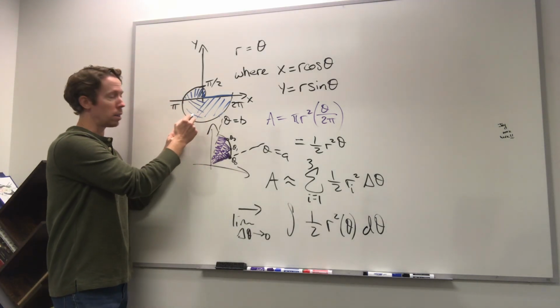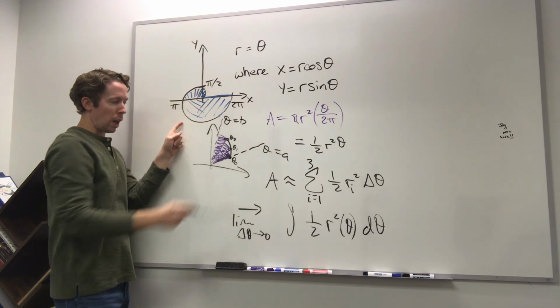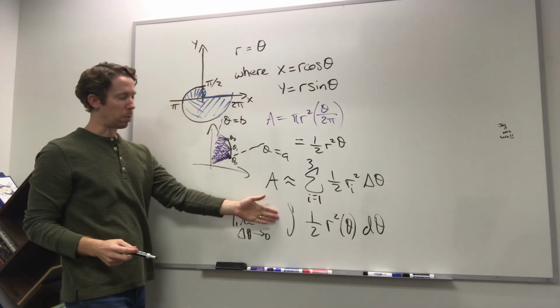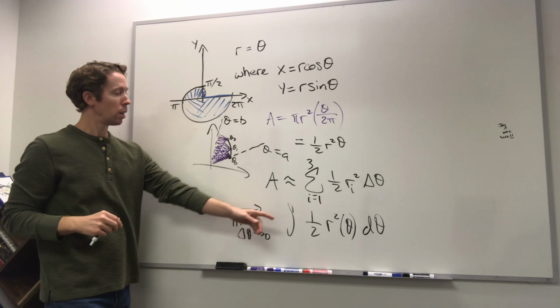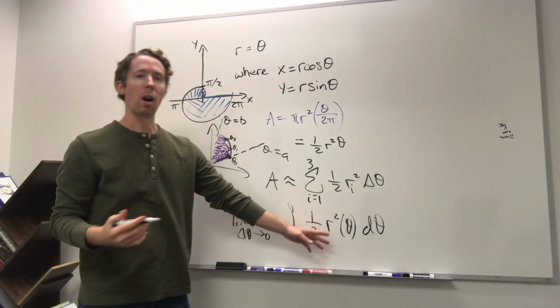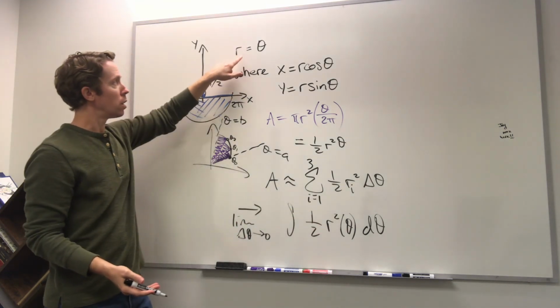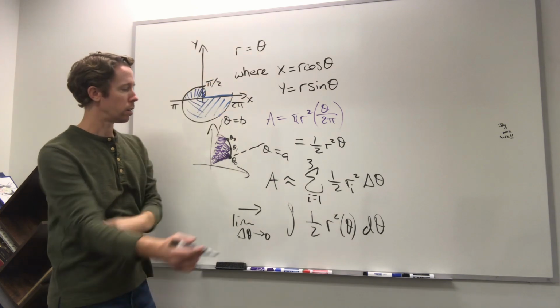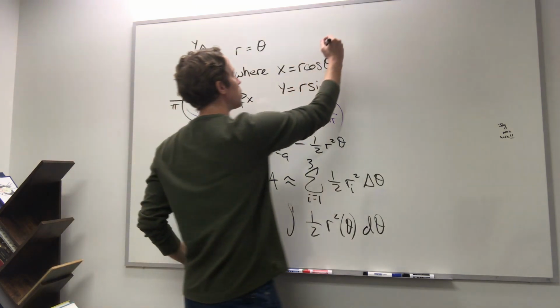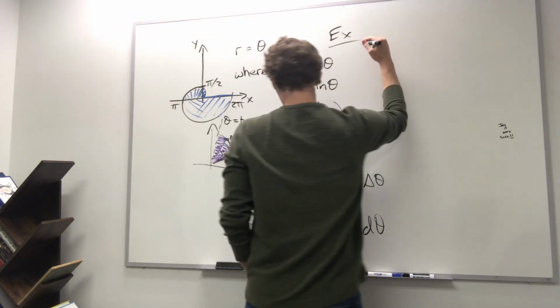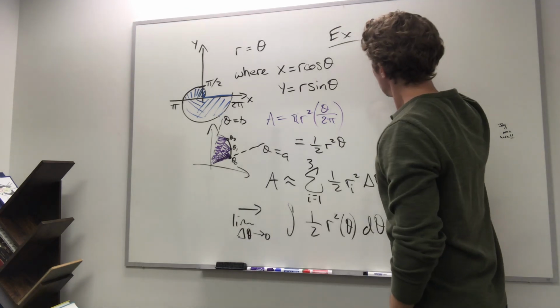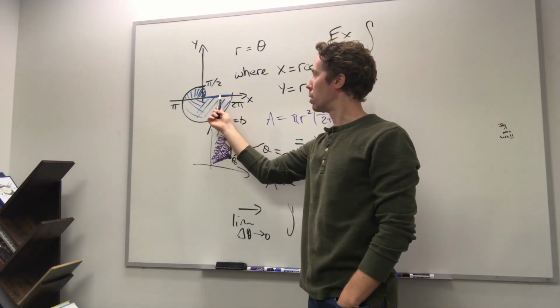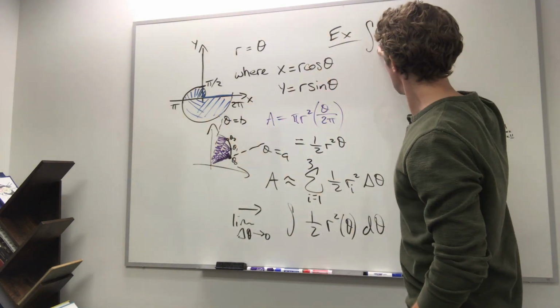So if I want to look at this area now, I should be able to get the exact area by applying this formula. And in this case, my r of theta is just r of theta equals theta. So for that example, I'm going to integrate from 0 all the way around to 2 pi.